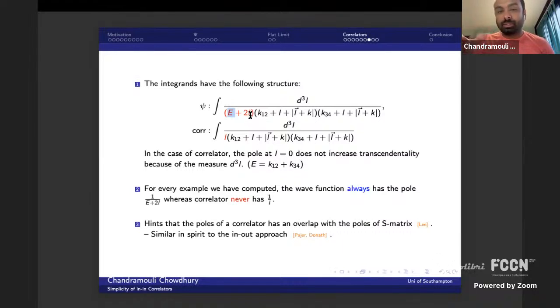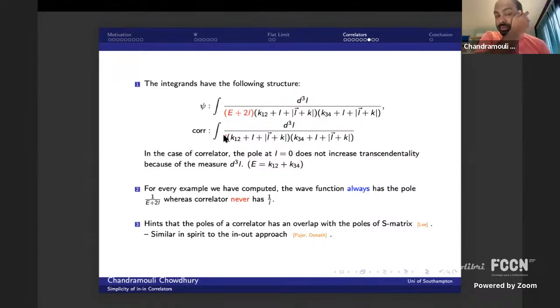L is just the magnitude of this loop momentum. You can have k12 plus L plus K, and so on and so forth. And since the correlator is obtained from the wave function, you would expect it to share many poles. Both of them almost have the same structure, except that this pole for the wave function gets replaced by just L for the correlator. That is, instead of E plus 2L, you simply have L.